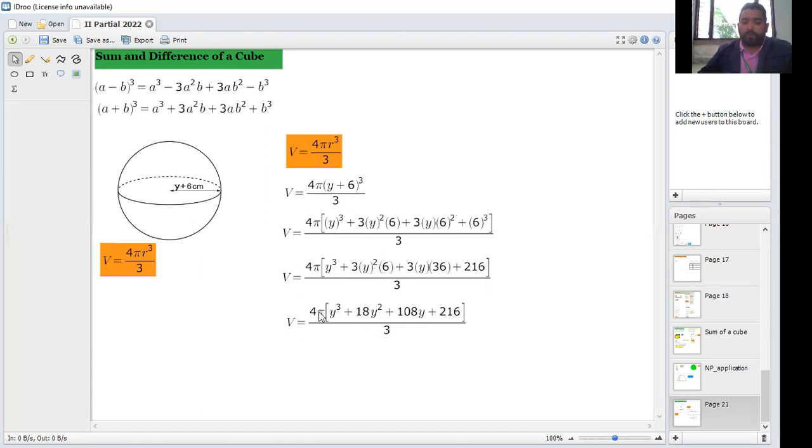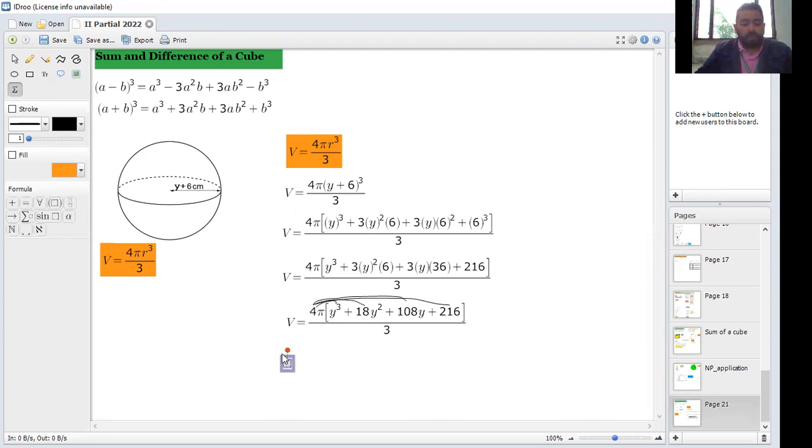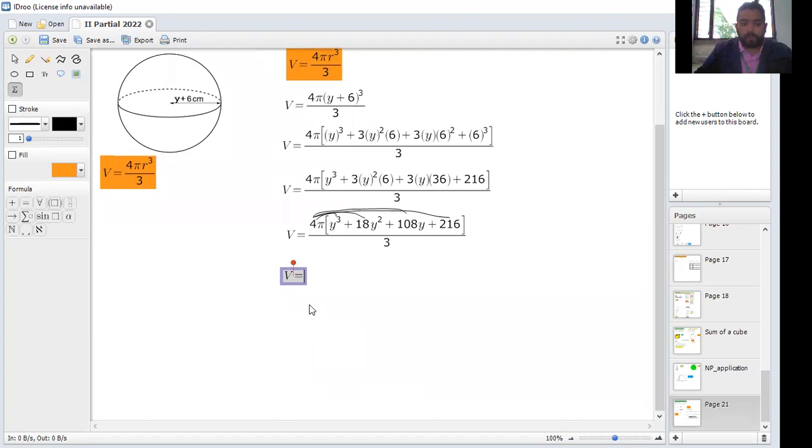After this, you need to apply the distributive property. You multiply 4 pi by y to the third, by 18y to the second, by 108y, and by 216. You are going to have this. This is the distributive property, and in this step, we are going to cut the volume.